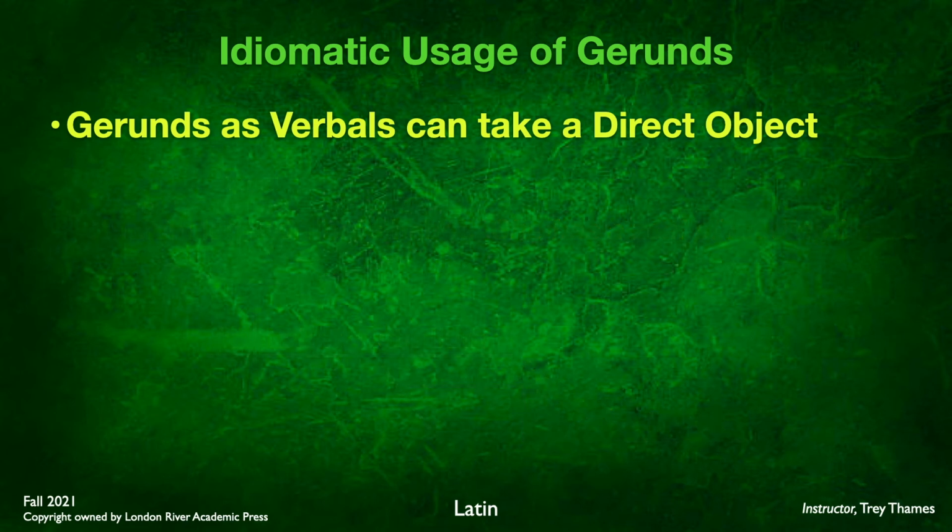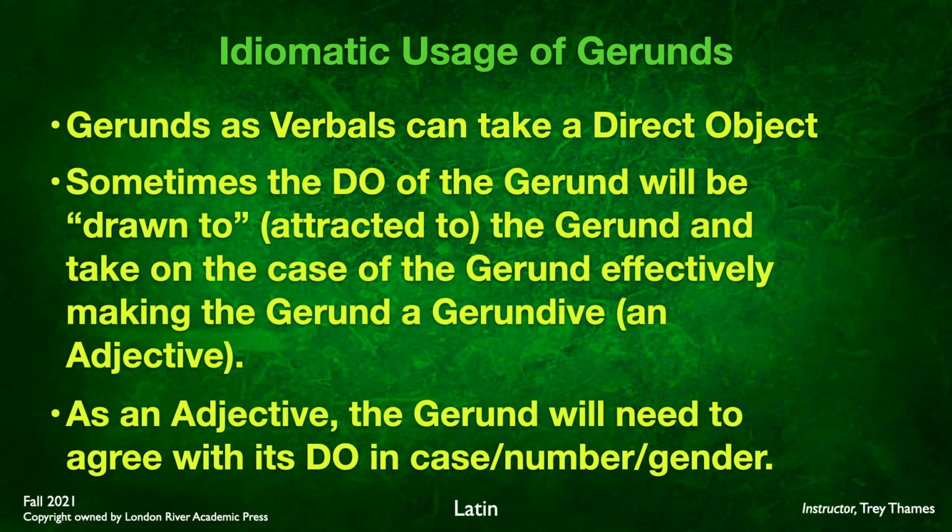All right. Now, again, gerunds can take direct objects as verbals, but here's something that's a little bit more complicated here. Stay with me here. Sometimes that direct object of the gerund will be drawn to or attracted to the gerund and will take on the case of that gerund, effectively making the gerund a gerundive, an adjective.